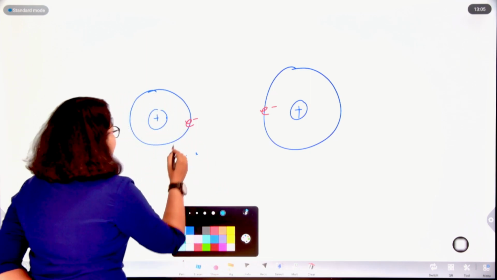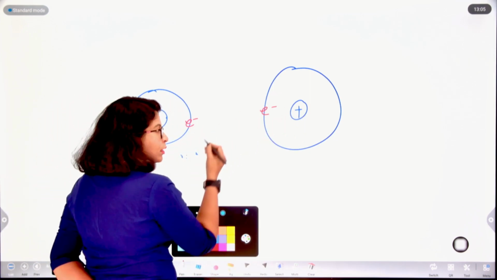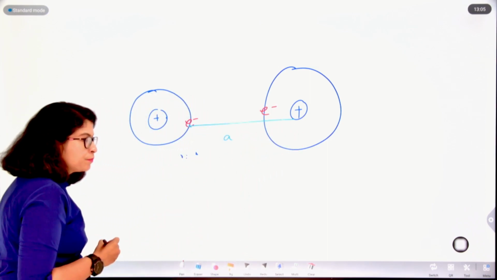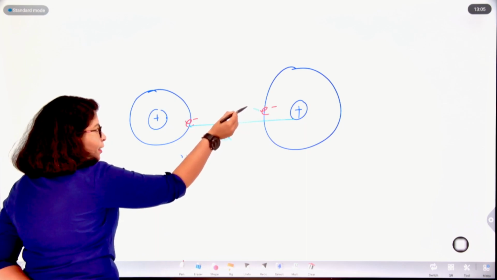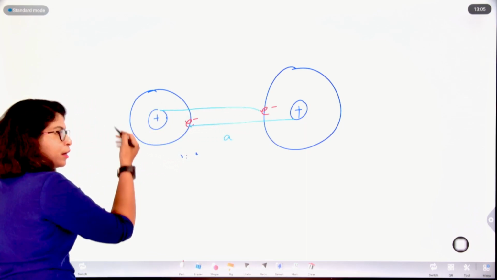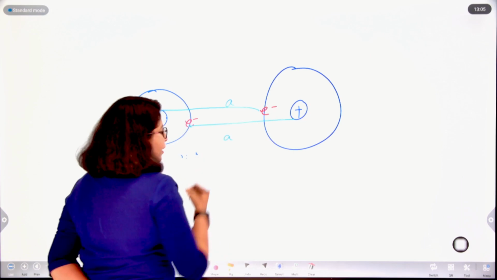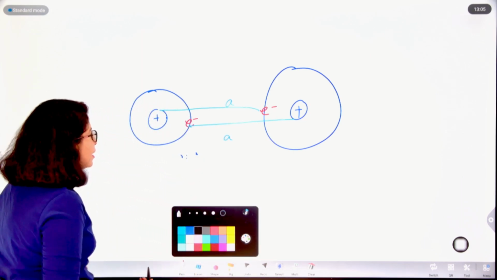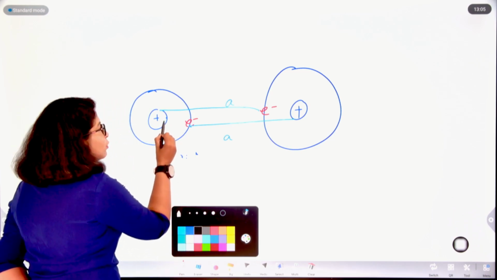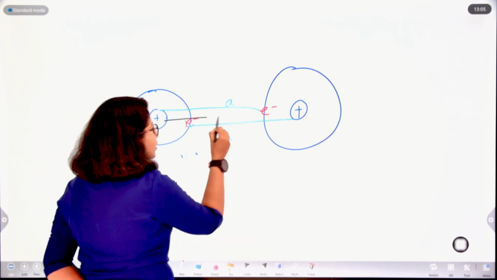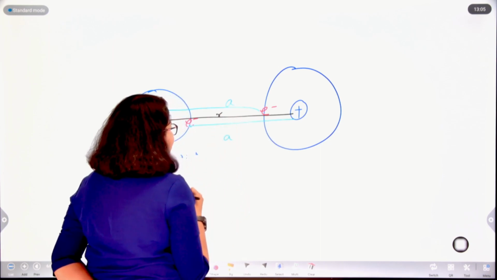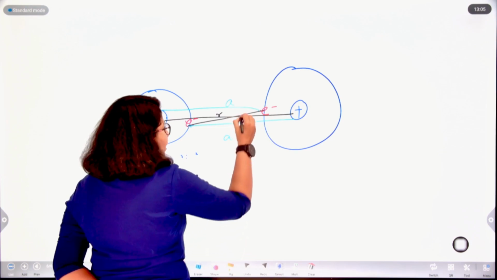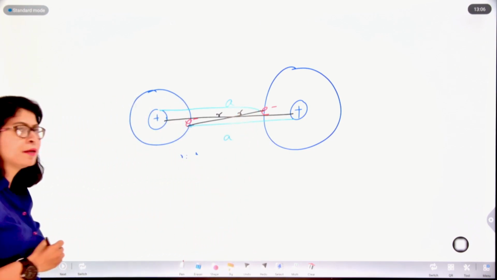In the first case, the electron and nucleus of one atom will undergo an attractive force. In the second case, the electron and nucleus of the other atom will undergo an attractive force. Now there will be repulsive force also. The nucleus of one and the nucleus of the other will repel. Electron of one and electron of the other, negative negative they will repel, positive positive they will repel.